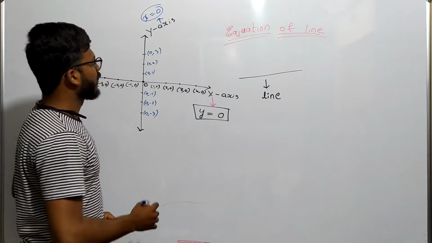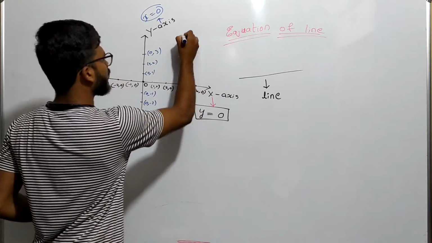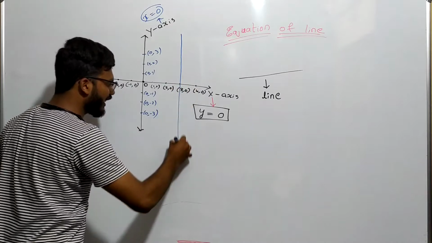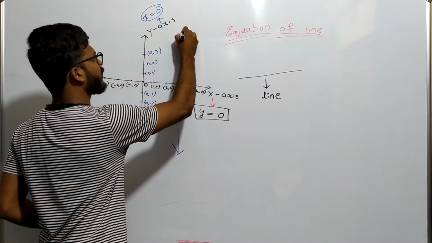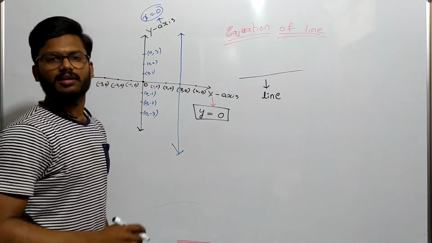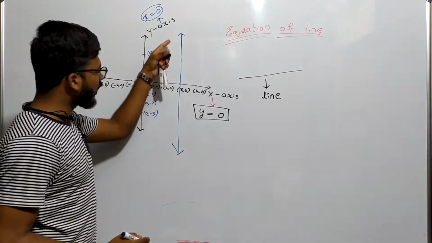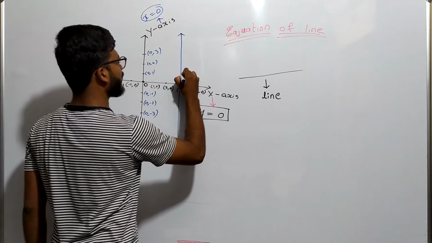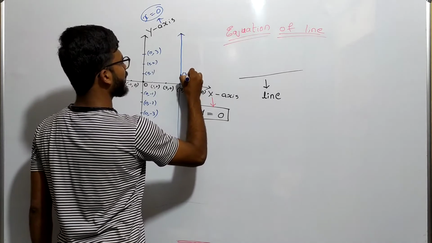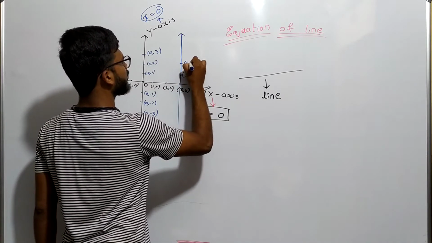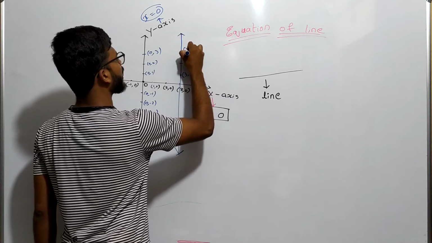Now if I want to represent this line with the help of an equation, what is the general quality of all the points on this line? Here we will get 3 comma 1, here 3 comma 2, 3 comma 3, like that.